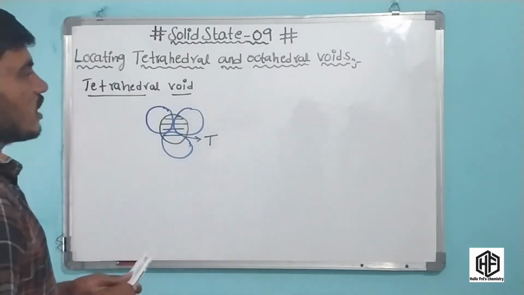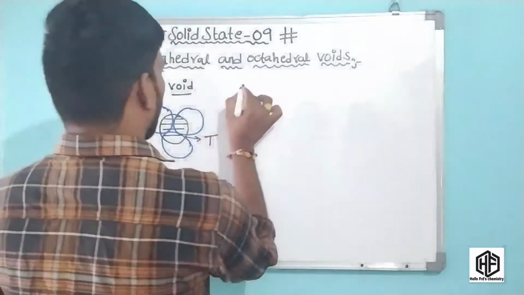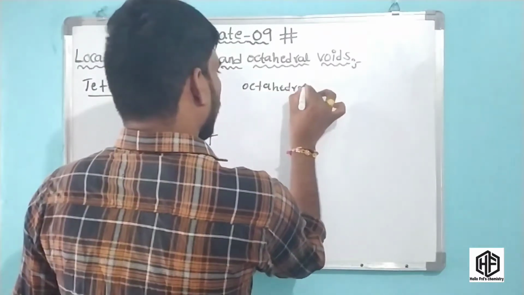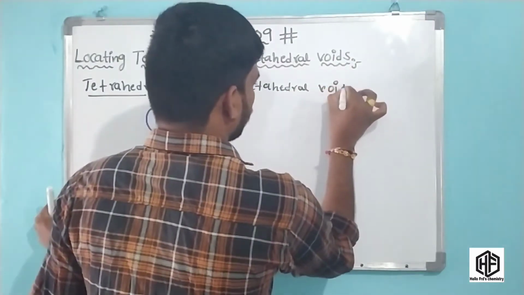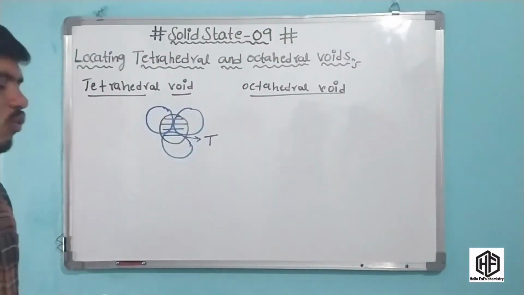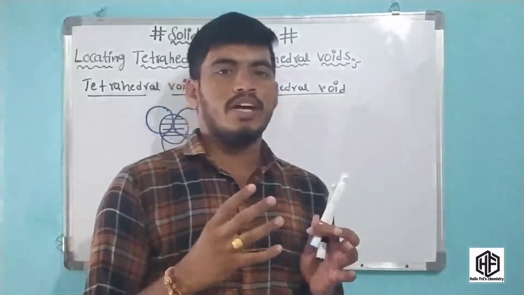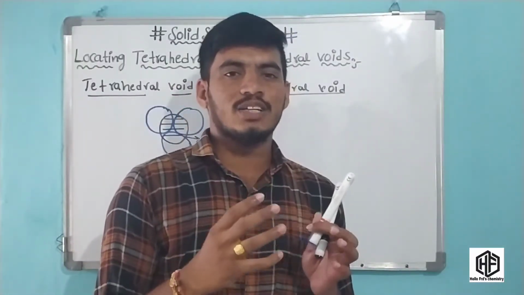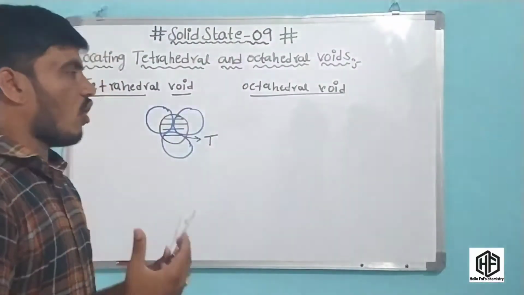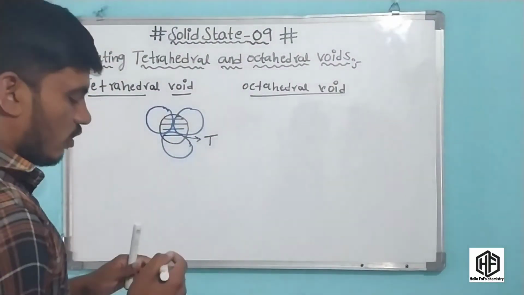Now, what is an octahedral void? An octahedral void is formed when six atoms are combined. Six atoms are closely packed to generate a void. That void is called an octahedral void.